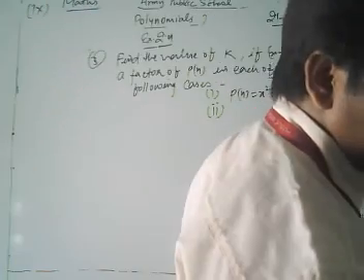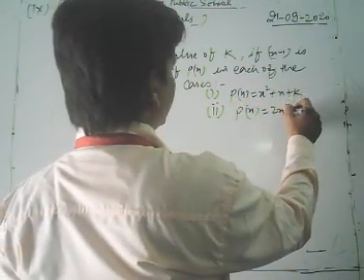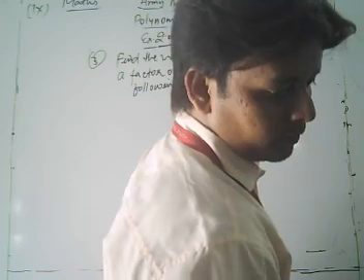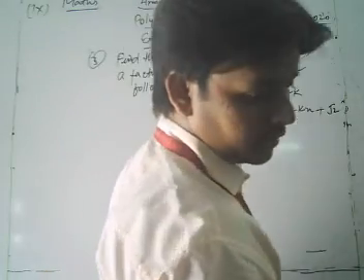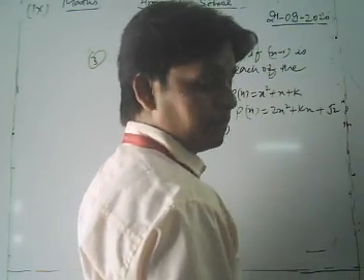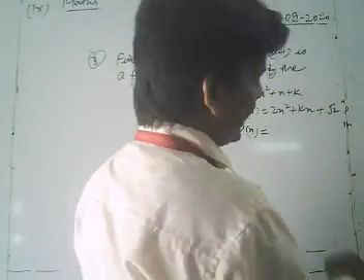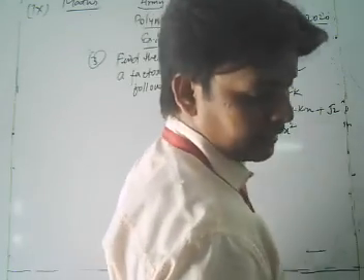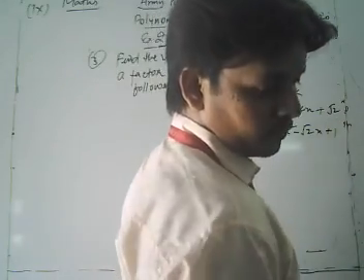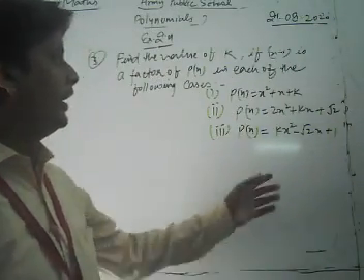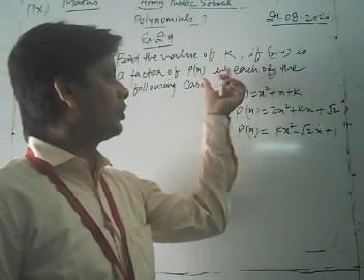Second one is 2x square plus kx plus under root 2. And third part of this question is p(x) equal to kx square minus under root 2x plus 1. Okay, look, here we find the value of k if x minus 1 is a factor of p(x) in each of the following cases.